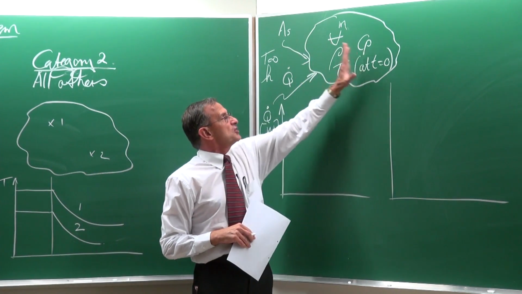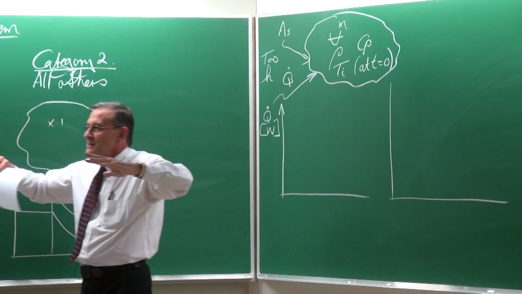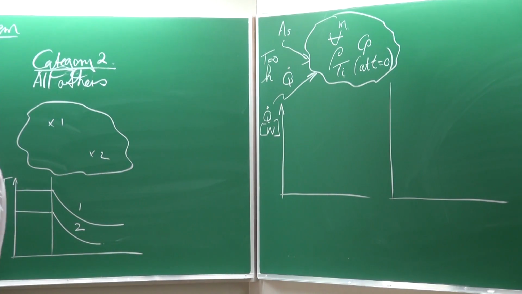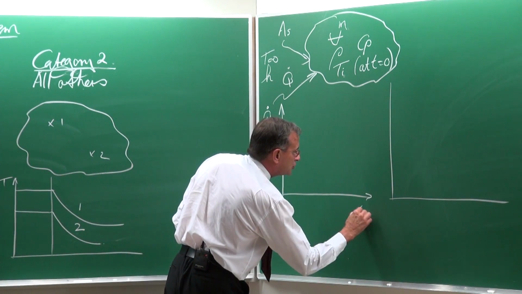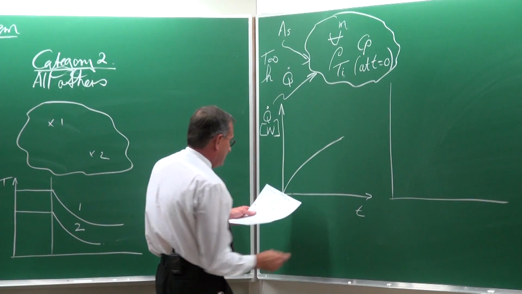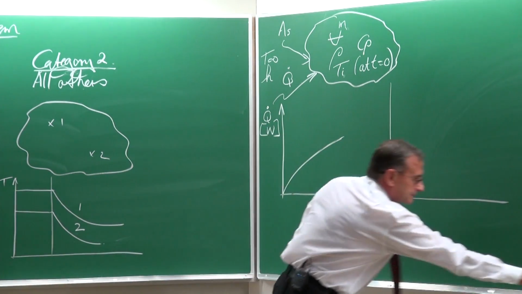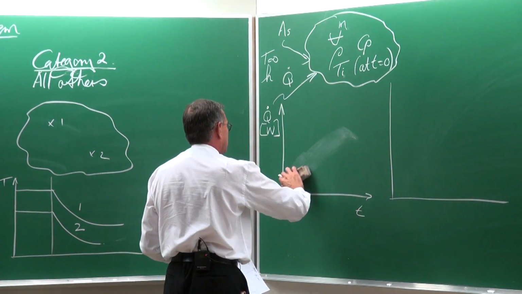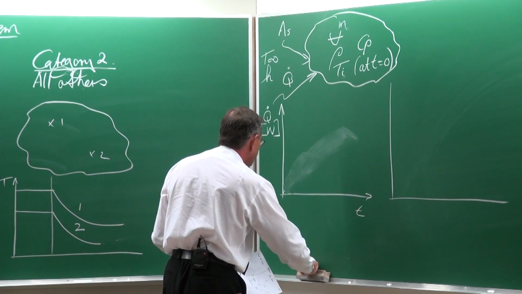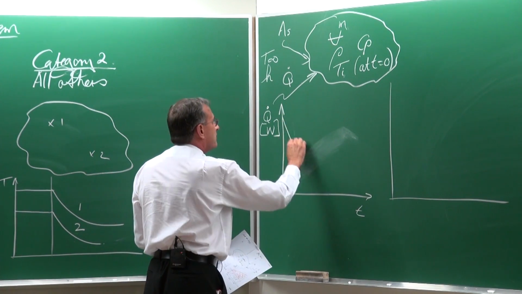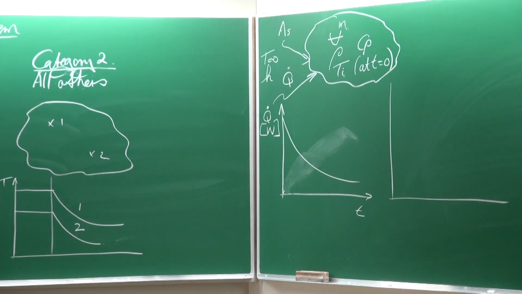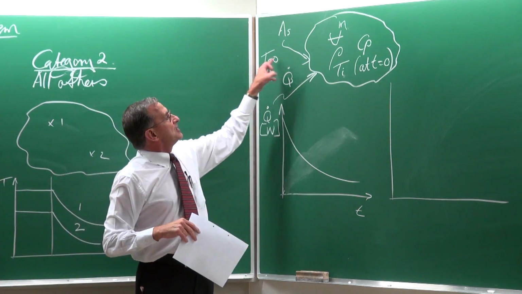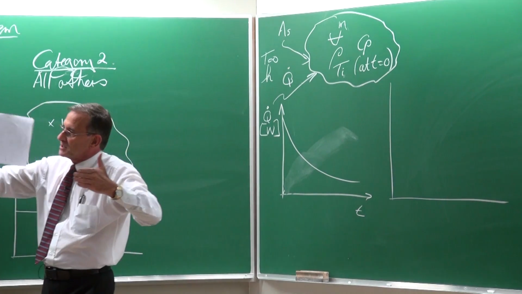Now, this body was initially at a constant temperature, so it didn't take up any heat. So its heat transfer rate in the beginning would be equal to 0. And then the heat transfer rate, at t equals 0, this temperature difference is the largest.